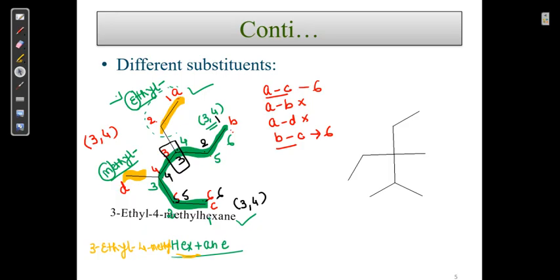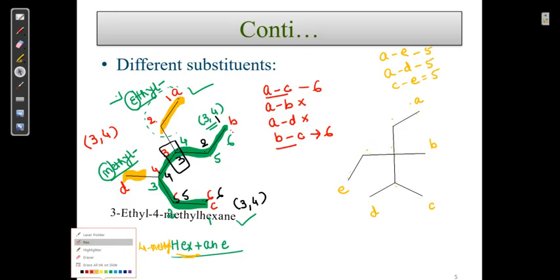Suppose we come here. This is 1. Suppose this is A, B, C, D and E. These are the possibilities. From A to E, 1, 2, 3, 4, 5. A to D, 1, 2, 3, 4, 5. E to C, 1, 2, 3, 4, 5. All are 5.